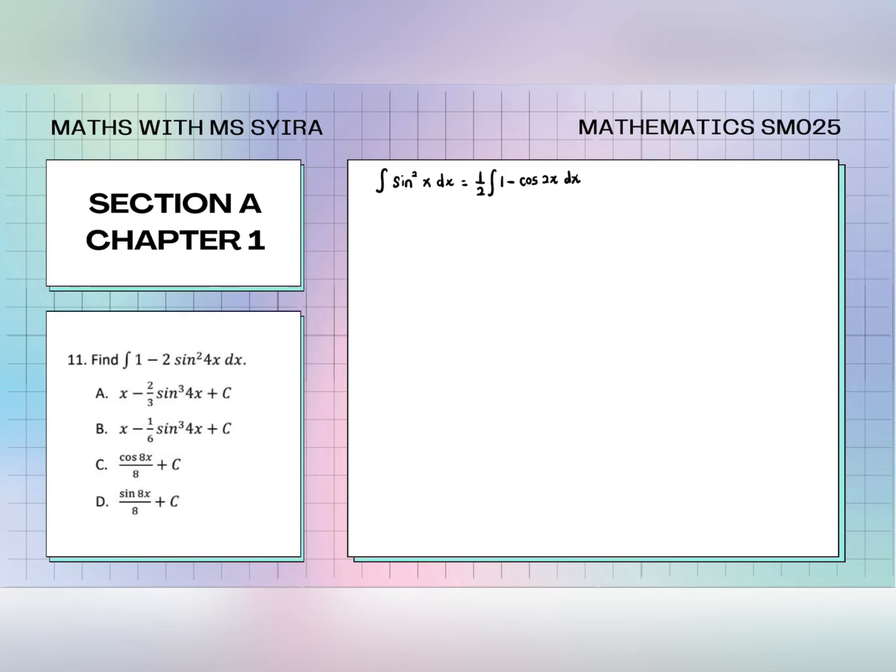Alright, so that means we integrate 1 minus 2. Saya terus selesaikanlah. Integrate 1 will be x minus 2. Integrate sin square itu kita akan dapatkan dia sebagai 1 over 2, 1 minus cos of 2 darabkan dengan x kita. X kita kat sini adalah 4x.